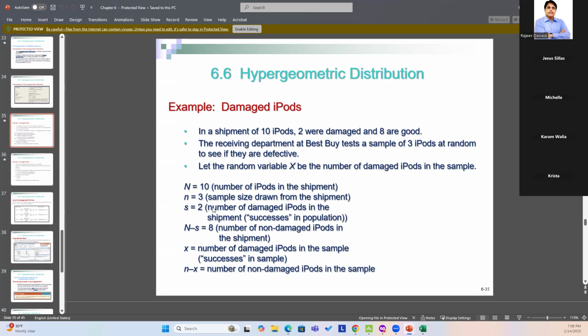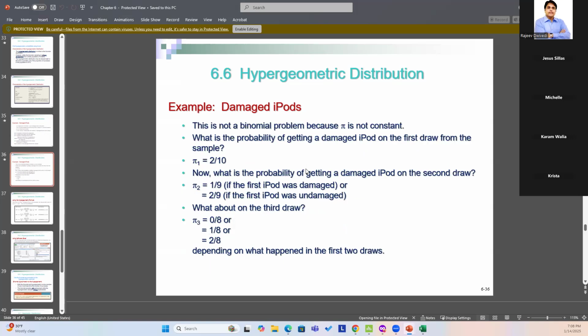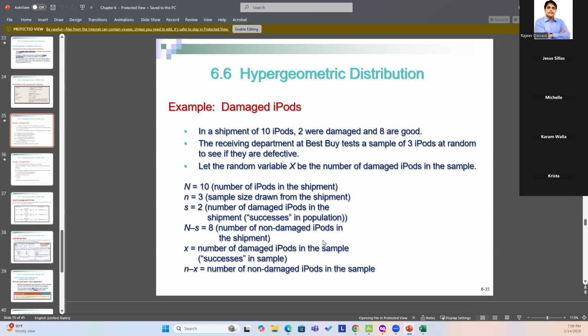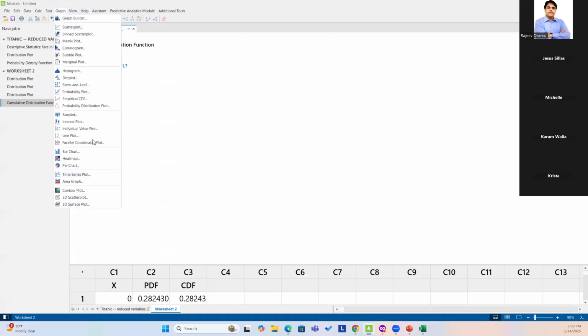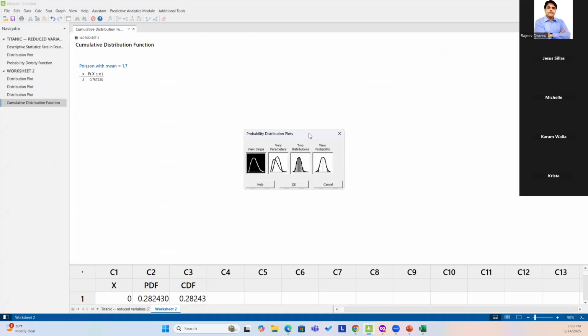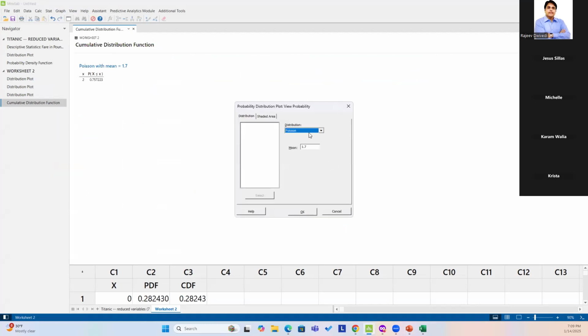Now we want to see, in 3, what is the probability that 0 will be defective, 1 will be defective, 2 will be defective, or 3 will be defective? So I go under graph probability distribution, same thing you can do, and now I go for the hypergeometric option.